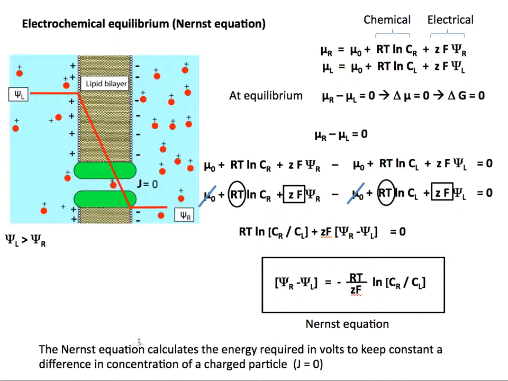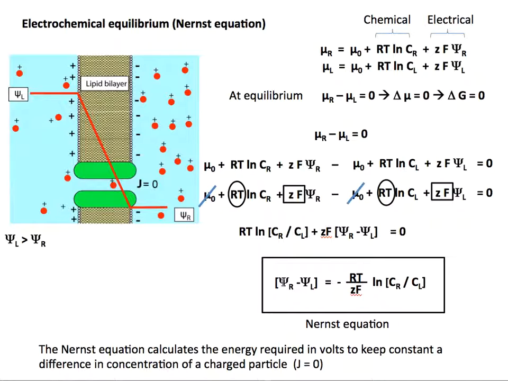So the Nernst equation tells you the energy required in volts. This is important. In volts, to keep constant a difference in concentration of a charged particle. So we're talking about ions, and we're talking about ions that have different concentrations on either side of the lipid bilayer.